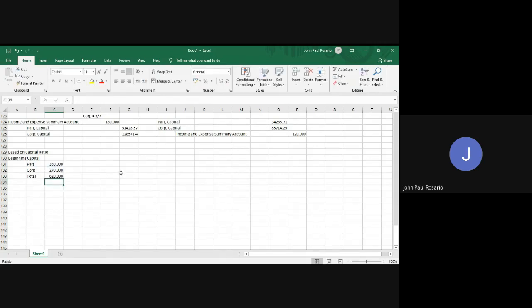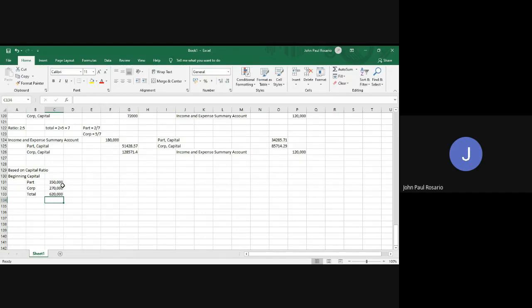So just like what we did in the ratio, the 350 and 270 become our numerators, and the 620 becomes our denominator. So the share of Par would be 350,000 over 620,000, while Corp's is 270,000 divided by 620,000.